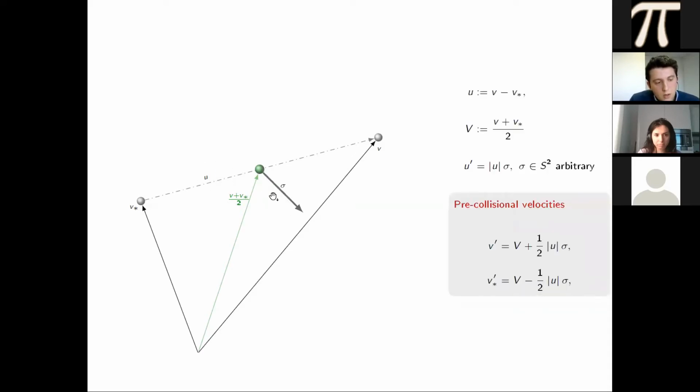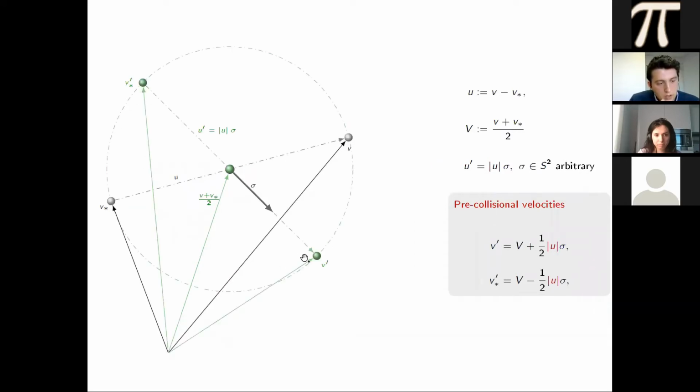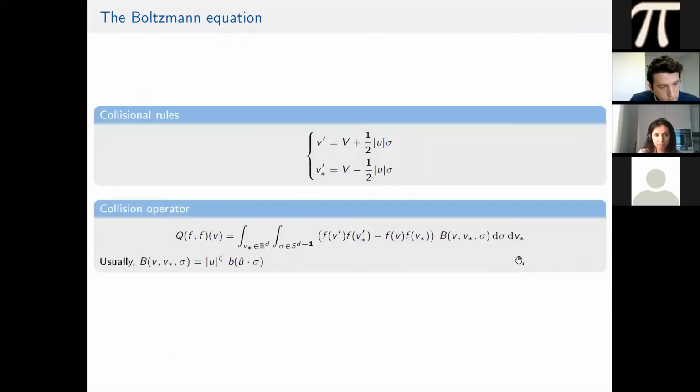You choose some arbitrary vector sigma from the unit sphere, and then you know that the pre-collisional velocities will lie on a circle, because the intensity of the relative velocity is conserved and the center of mass also remains the same. So this is the picture. And this helps you to reduce the integration in the collision operator. And this is how it looks now.